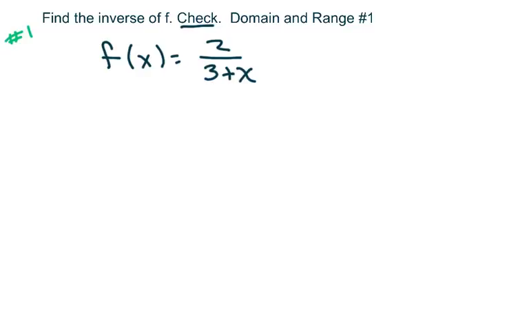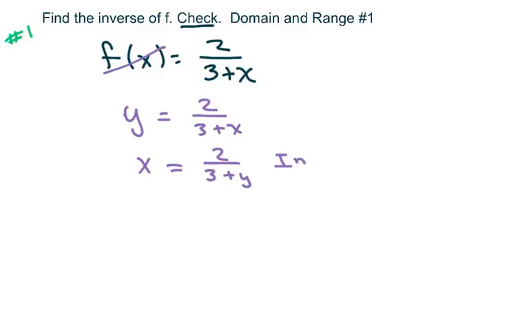On rationals, the checking can be a little more complicated, especially as we proceed on. So the first thing we do to find the inverse, we switch this to y. Switch the x and the y. So here we have the inverse now.